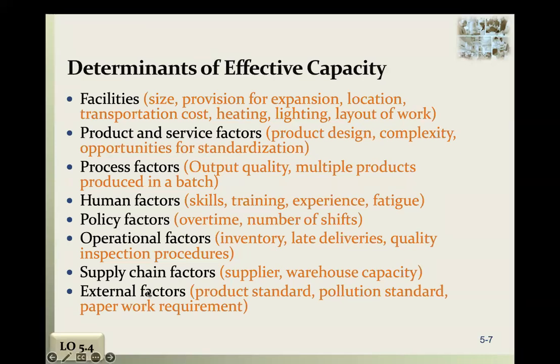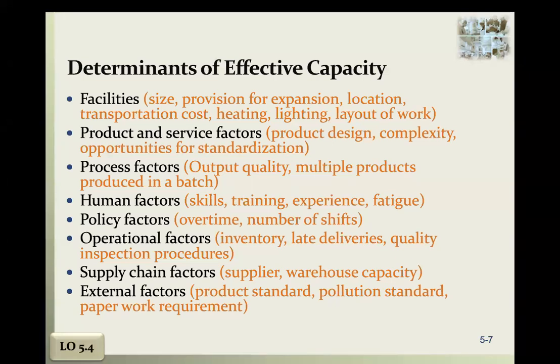The next factor is supply chain. For example, about suppliers and warehouse capacity, where your suppliers are located. Are they located somewhere in China, in Asia, South America? And what about warehouse capacity? Or there might be some supply chain disruption.